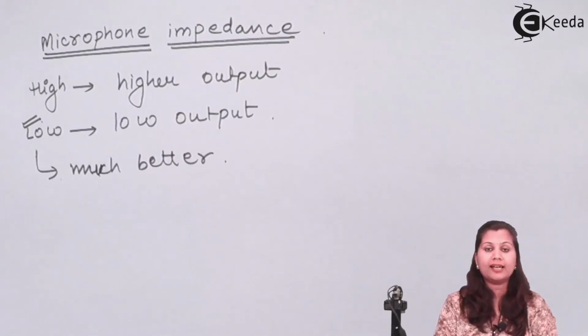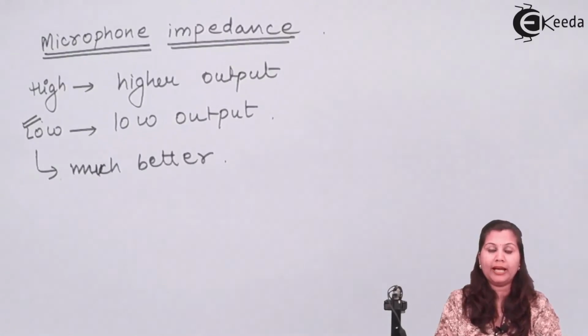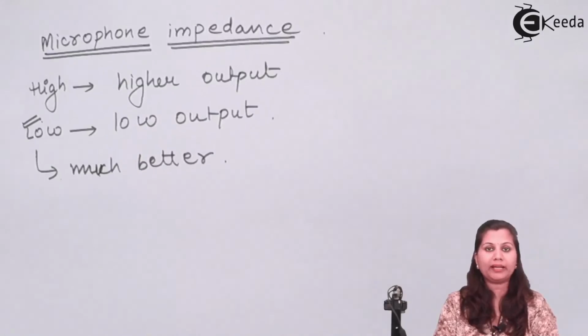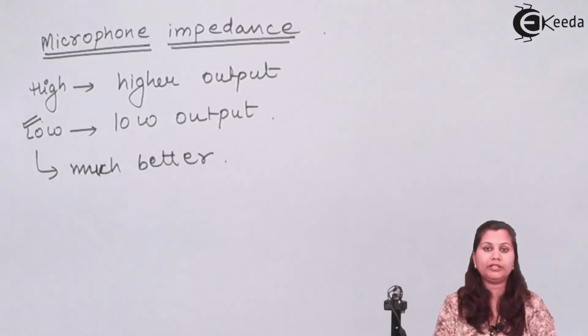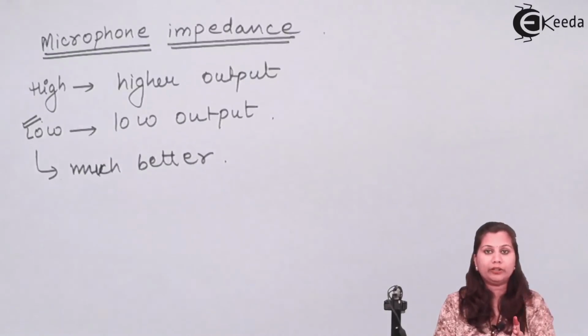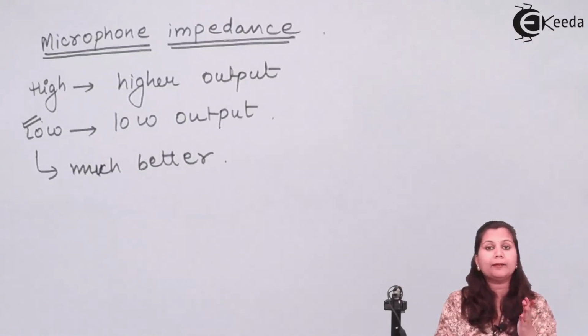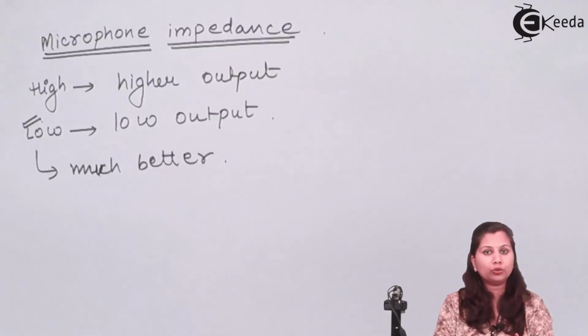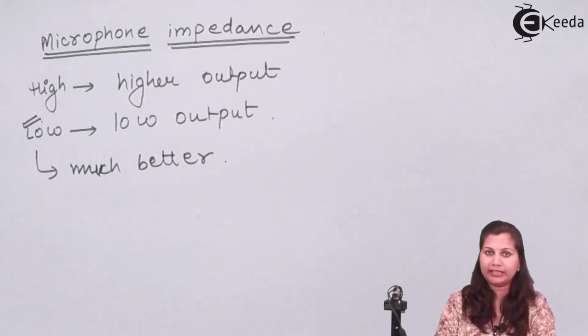We studied that sound is measured with the help of the instrument microphone, and a microphone measures sound by converting it into pressure waves, and pressure waves are then converted into an electrical voltage. Sound waves are converted into pressure waves by the sensing element, that is the diaphragm, and pressure waves are converted into output voltage by the generating element.